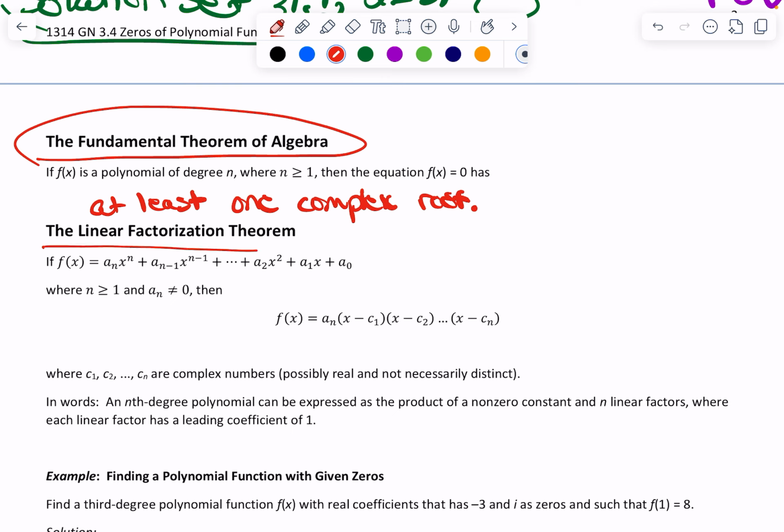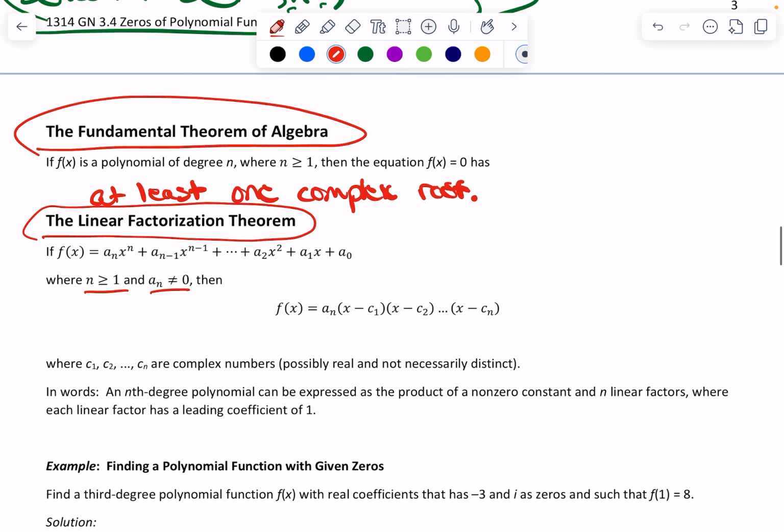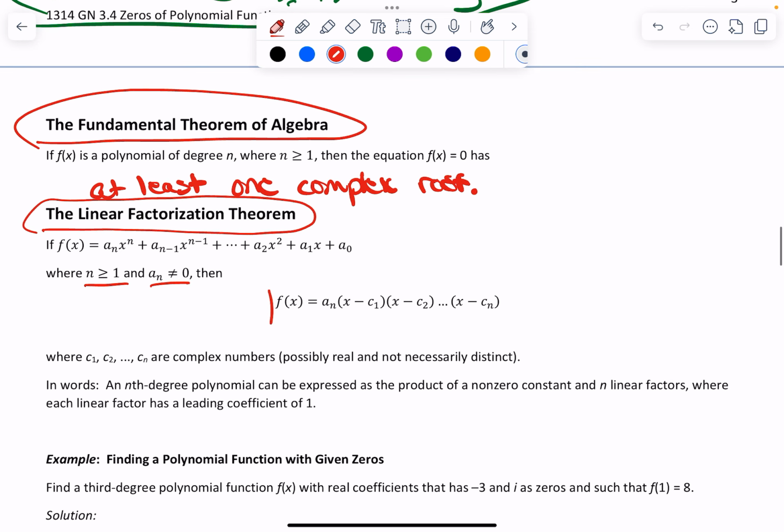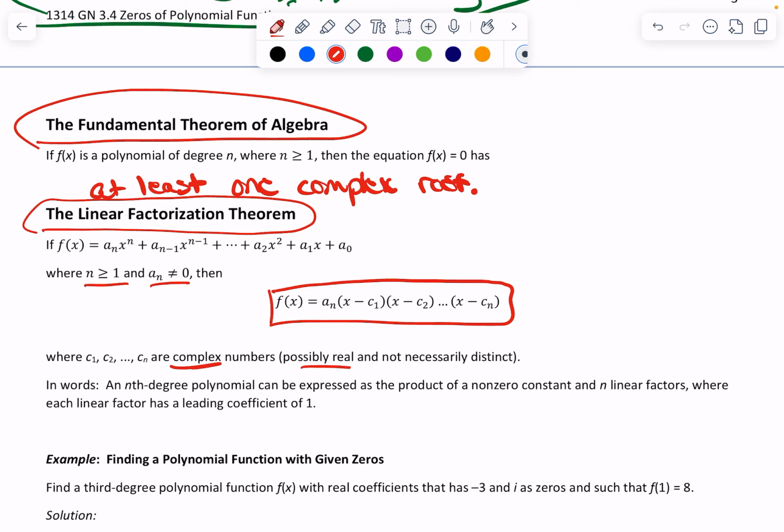The linear factorization theorem: if f of x is a polynomial function where n is greater than or equal to 1 and a sub n, the leading coefficient, does not equal 0, then we can factor it like this, where c1, c2, through cn are complex numbers, possibly real and not necessarily distinct.